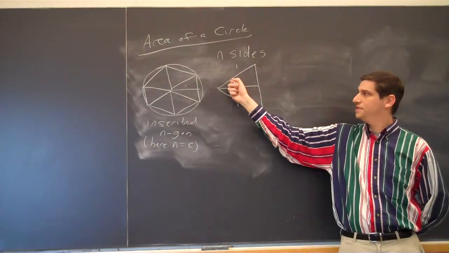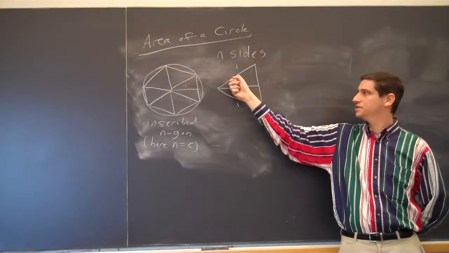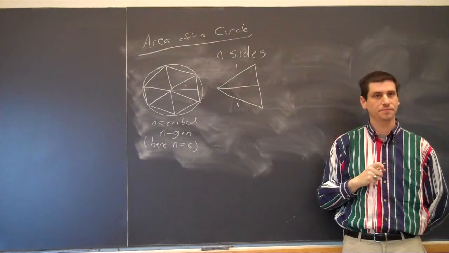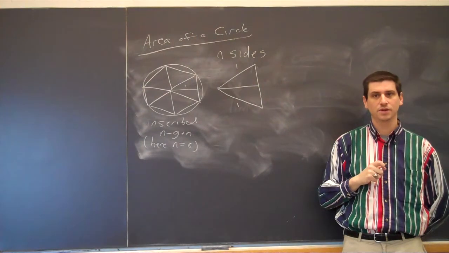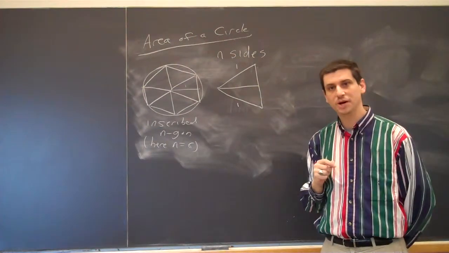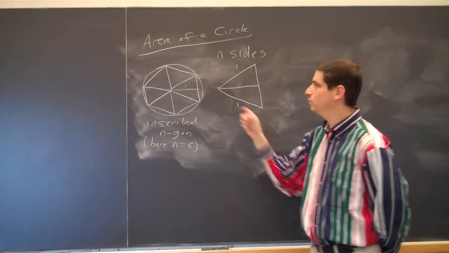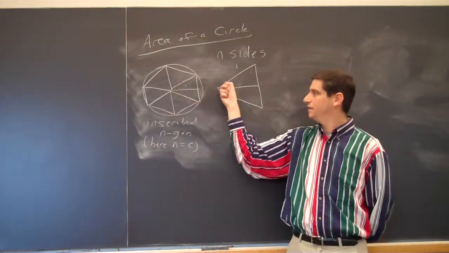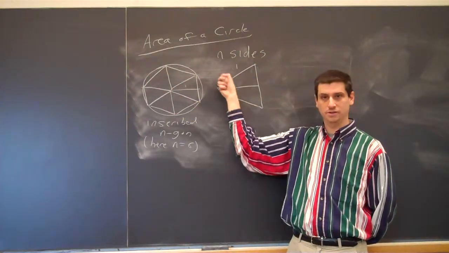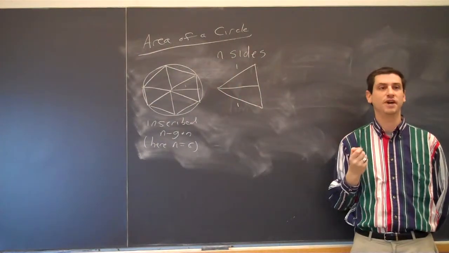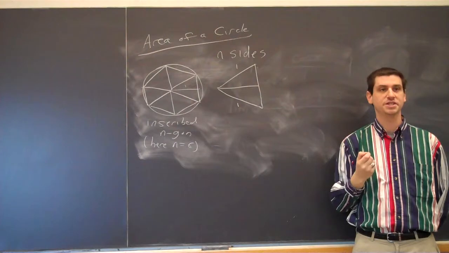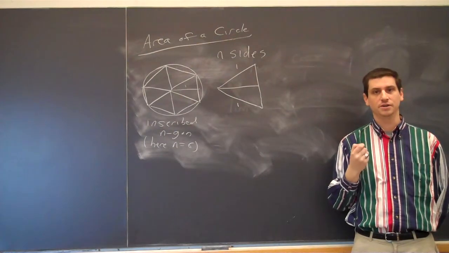What's the measure of this angle over here, just this upper part? 360 divided by 6. If it was a hexagon, dividing by 6 would give the whole angle here, but I only want the top part. So it would be 360 divided by 12, or in general, 360 divided by 2n.